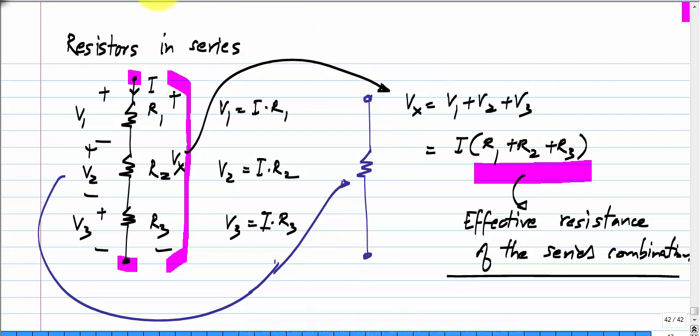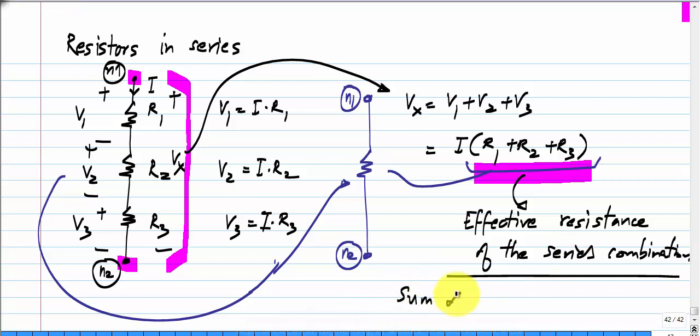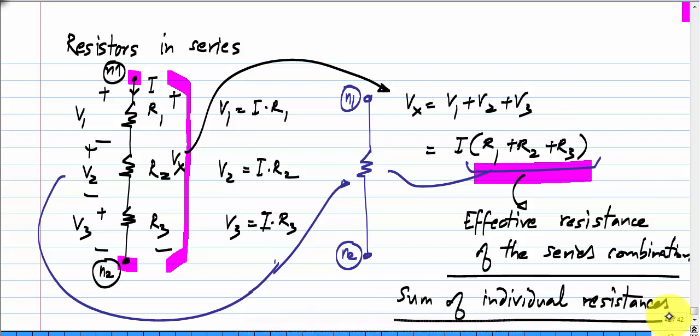If I mark the two ends, let me call them perhaps terminals N1 and N2. So between N1 and N2, I have a single resistor whose value is given by this whole thing. Okay. So the effective resistance of a series combination of resistors is the sum of individual resistances.